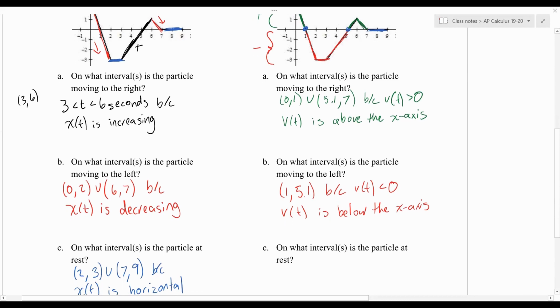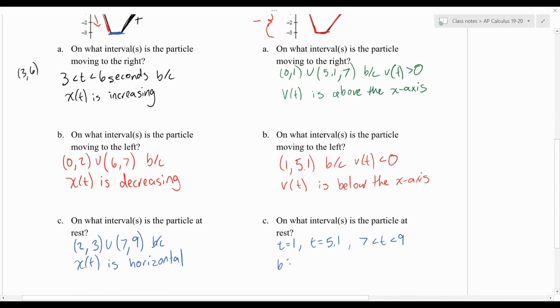So we have t equals 1, t equals 5.1, and t between 7 and 9, because v of t equals 0.